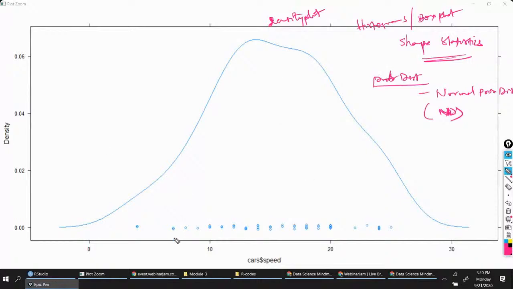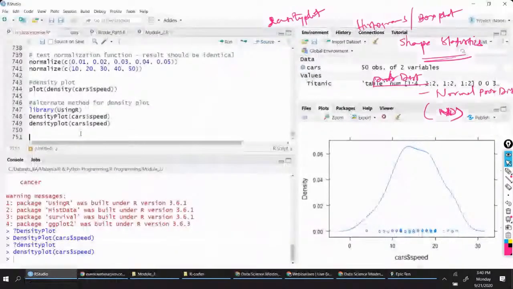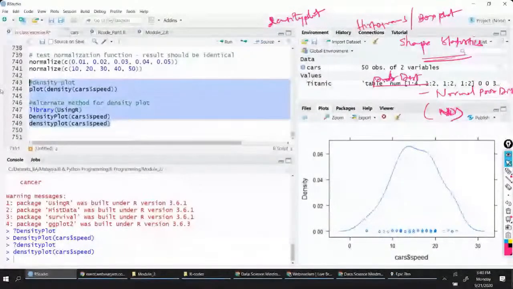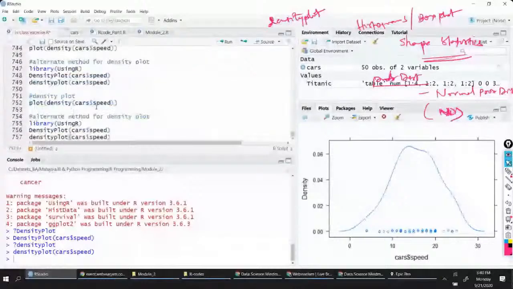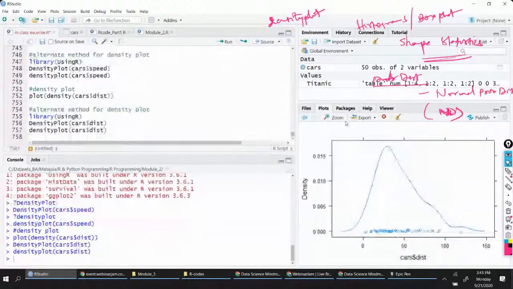But if you look into these shapes, different data will give us different shapes. So if I do the same three calculations with respect to distance, look at that shape. It changed, right?